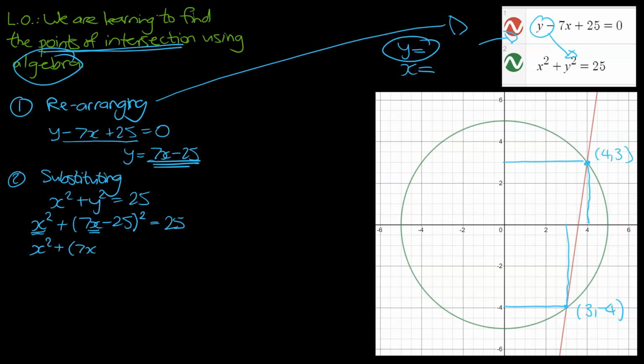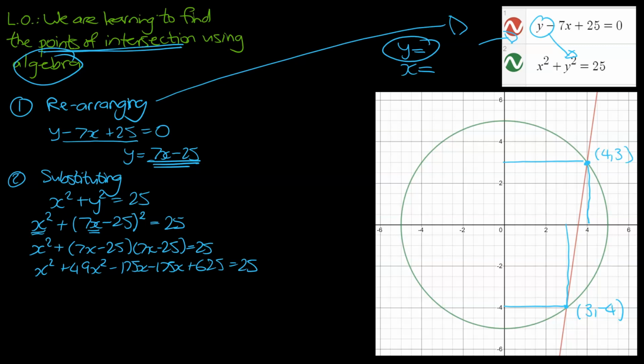So let's follow on with this algebra. We're going to convert this to a double bracket. So that's going to be x squared plus 49x squared minus 175x minus another 175x plus 625, and that should be equal to 25.